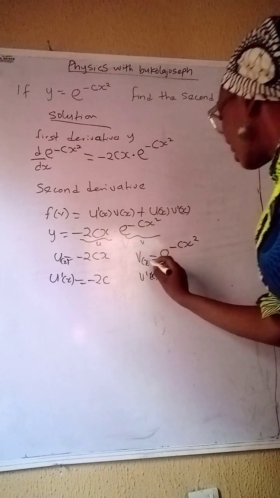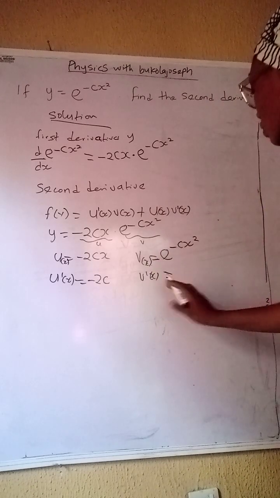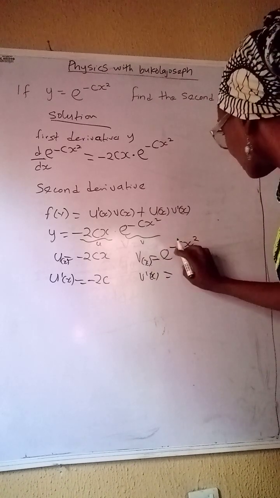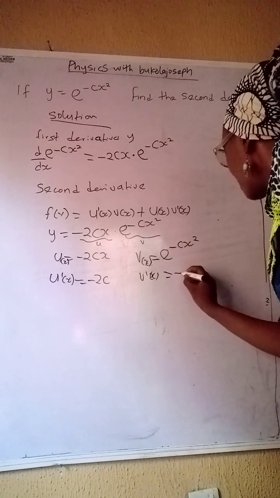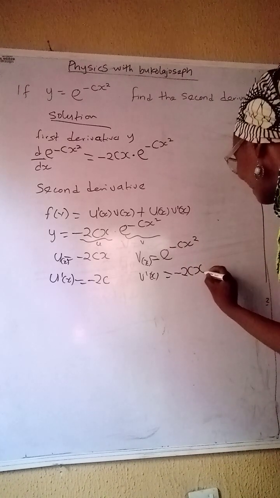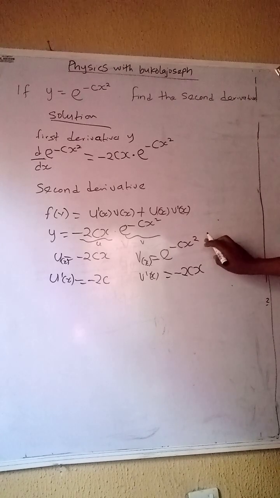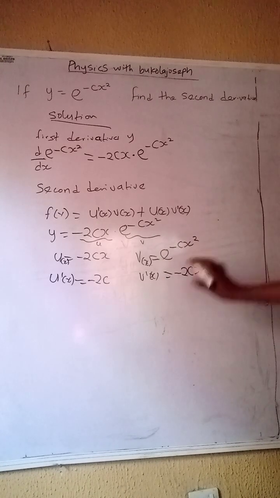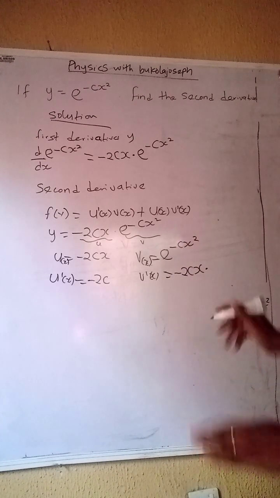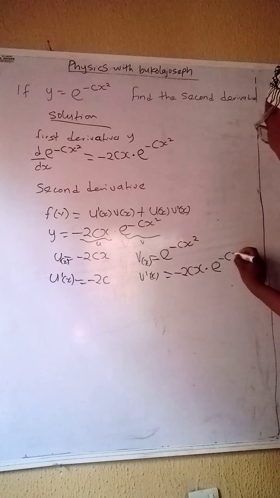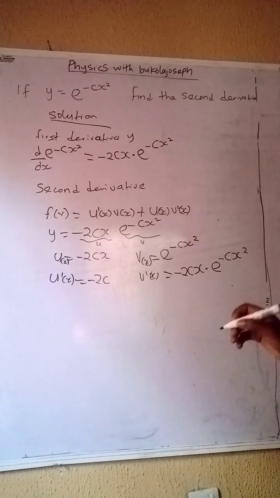this will now be: 2 times minus cx will give us minus 2cx, because 2 minus 1 is 1, x raised to power 1 gives us x. We still multiply by the exponent, that's the rule for the exponential, so we have e^(-cx²).